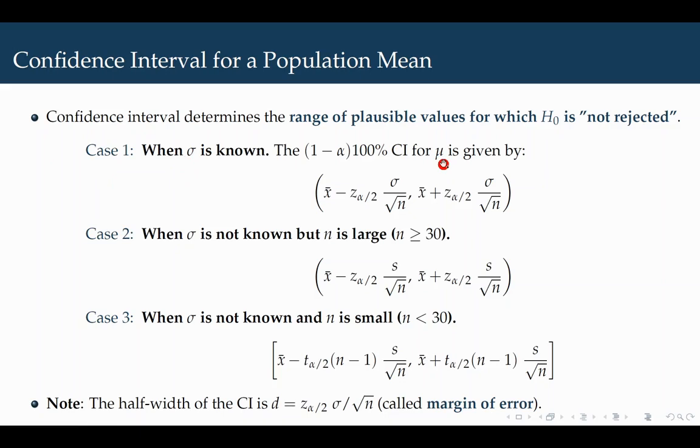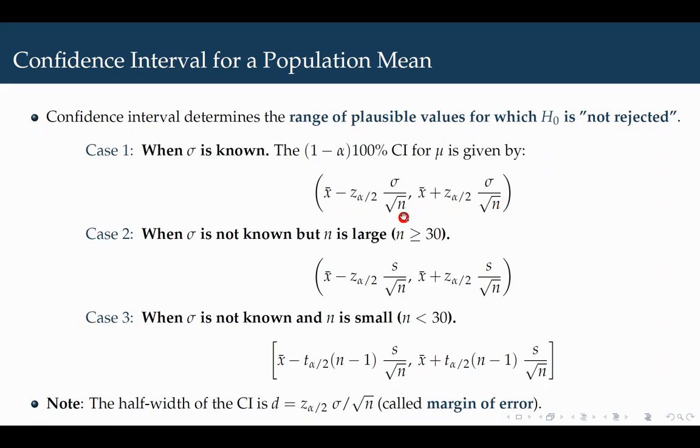the 1 minus alpha times 100% confidence interval for the population mean is given by x bar plus or minus z alpha over 2 times the population standard deviation divided by root n. So this provides the lower bound, which is x bar minus z alpha over 2 times sigma over root n, and the upper bound x bar plus z alpha over 2 times sigma over root n.